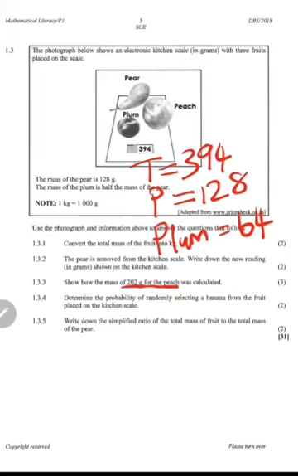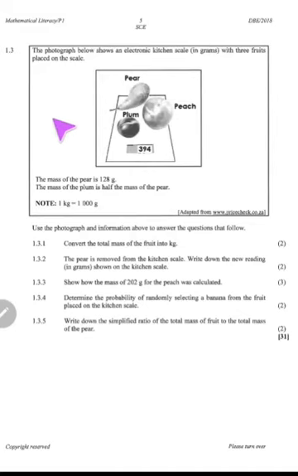So we need to basically subtract the pear and the plum. If you subtract these, then the only weight left would be the weight of the peach. So my answer would be 394 minus 128 minus 64.